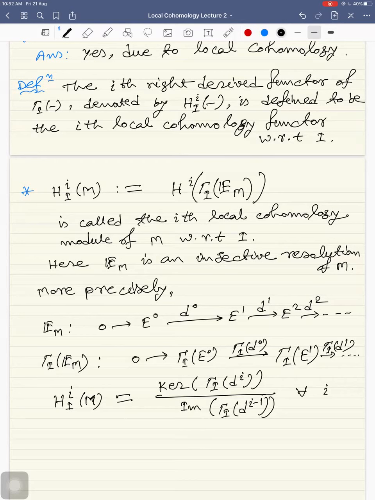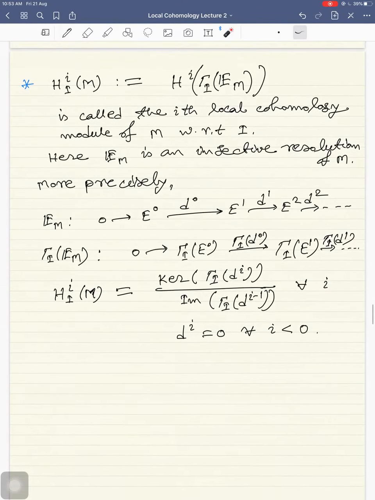And so I should write that d i is just 0 if i is negative. Yeah, so there is nothing before the 0th position. So that means you can see that the ith local cohomology module of M with respect to an ideal I is just 0 when your index i is negative. Okay, we will note it later.